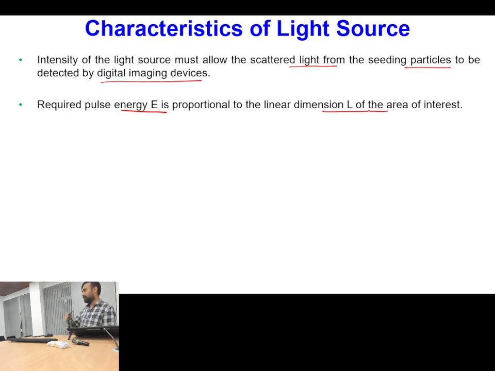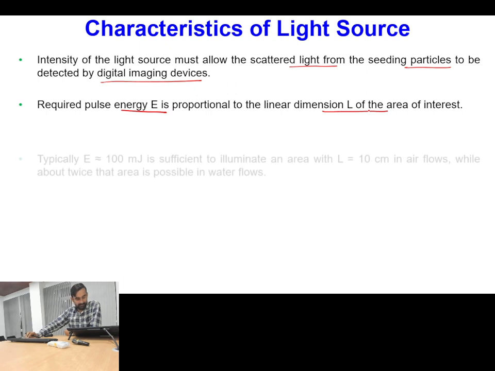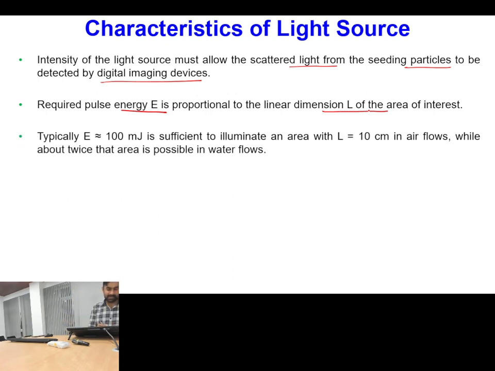So whatever your visualization window size is, depending upon its length, the energy increases if the length increases. Typically 100 millijoule energy is sufficient to illuminate an area with length equal to 10 centimeter in airflow, while about twice the area in water flow, because in the case of water the illumination is actually better. That's why low energy can give you better illumination in comparison to air. Okay.